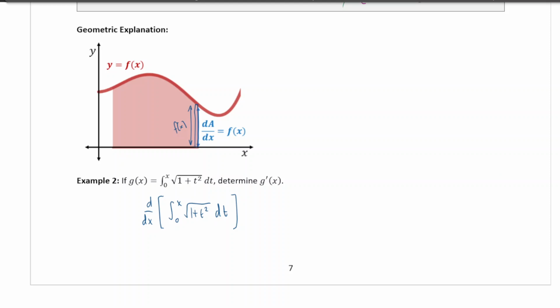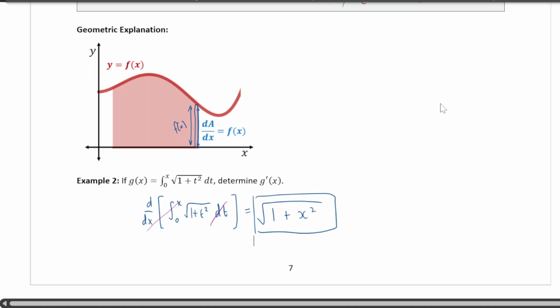Because we're taking the derivative with respect to x, and derivatives and integrals are opposite operations, they essentially cancel each other out. And so we just have the original function, but because we're taking the derivative with respect to x, the variable in the function changes. Essentially, you'll just get that same function back. Okay, very cool. On to part 2.